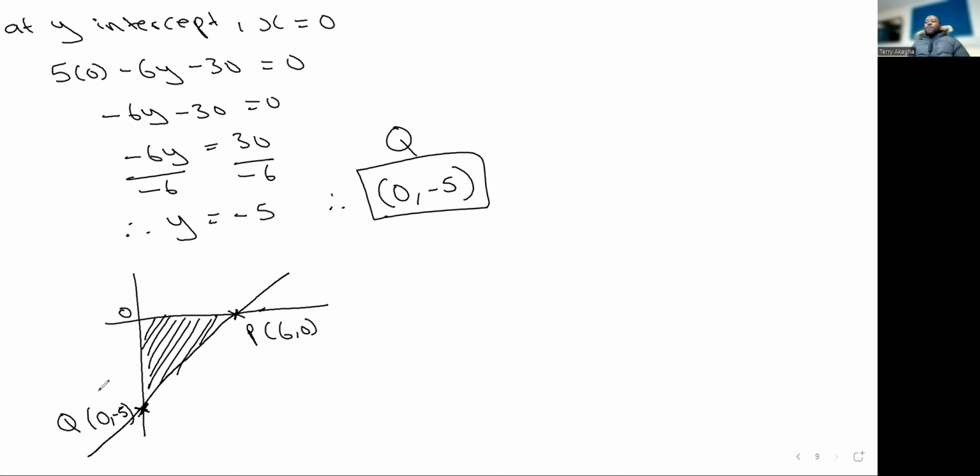All right. So the question wants us to find the perimeter of O, P, and Q. So let's start. What's the first thing to do?